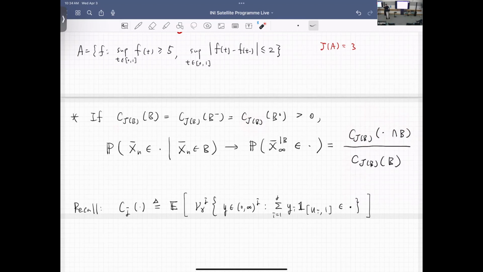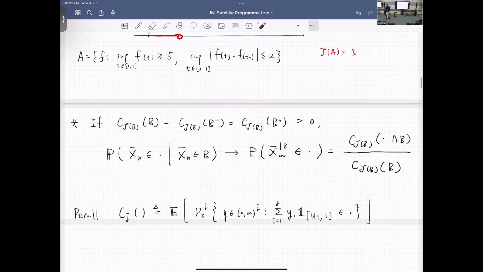So the JB jump is bounded from below. So this random object is a step function with exactly J of B jumps bounded from below. Remember that we are looking at a scaled process, so bounded from below means a scale of order n.